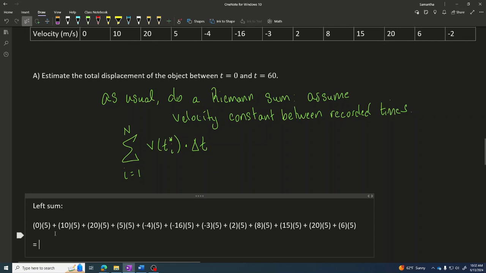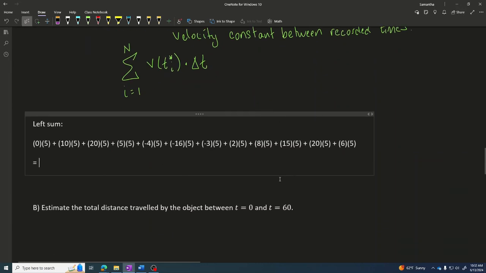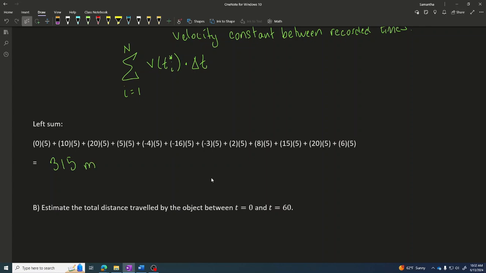And I've multiplied each of those velocities by the time interval between my data points, which here is 5 seconds. So based on that, according to the calculator, the displacement in this situation is positive 315 meters. So we would estimate based on this data that the object's final position was 315 meters in front of its initial position, because we have this positive displacement here.